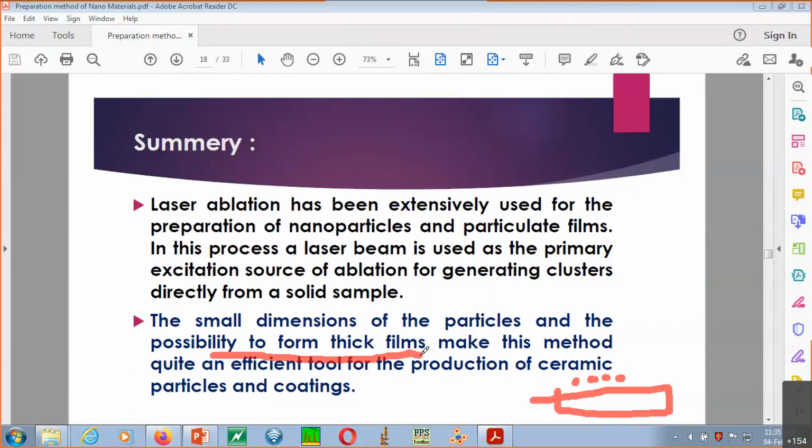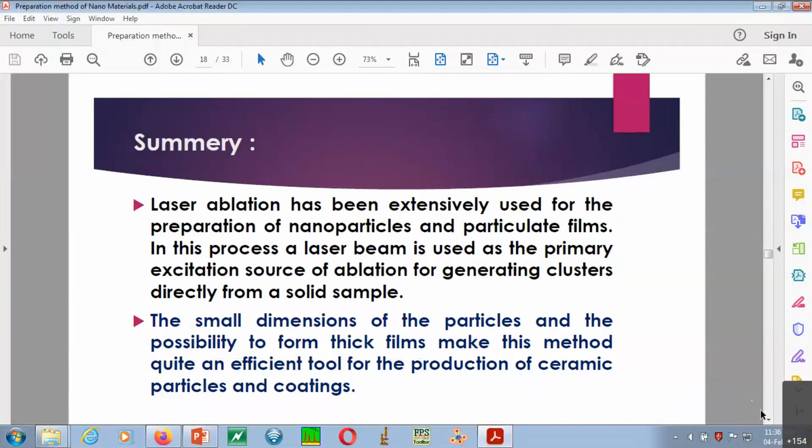If you allow it for a limited time, it can create a thin film. So with this one can control whether you want a thin film or a thick film. That's why this particular method is very important if you are interested in creating films. Is that clear now, this process?